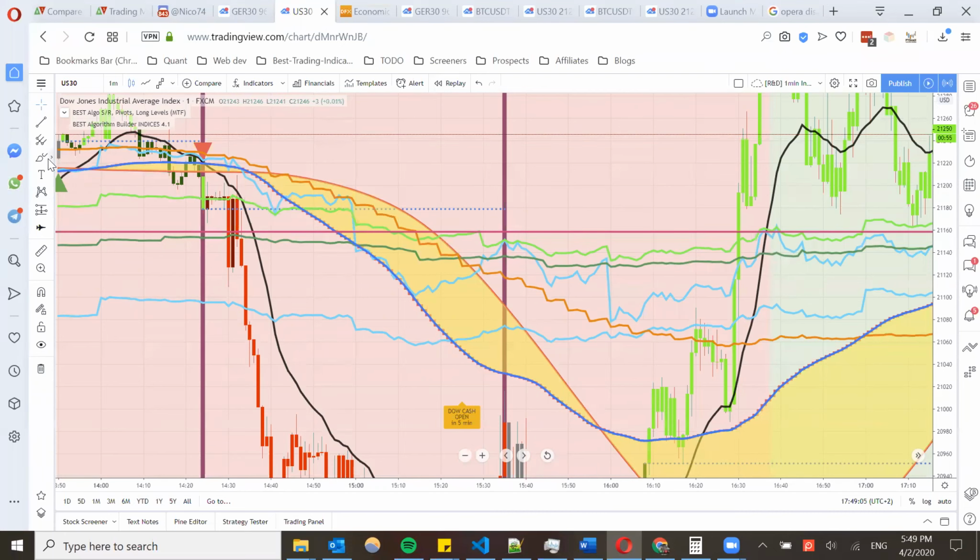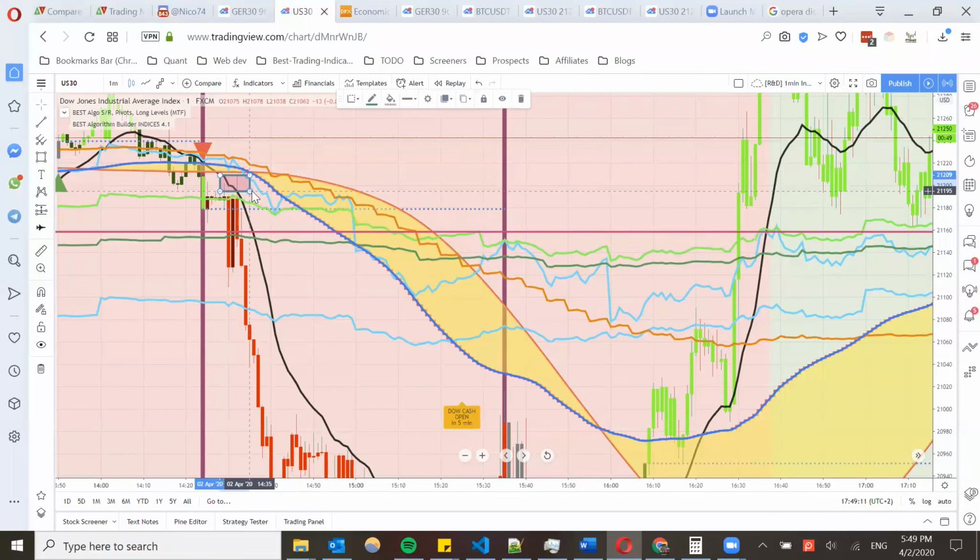But for me the perfect entry for the short is here. And then will you take some profit here? No, because we touch this green support twice. Once, I mean, I've seen 3 times. Once, twice, 3 times.